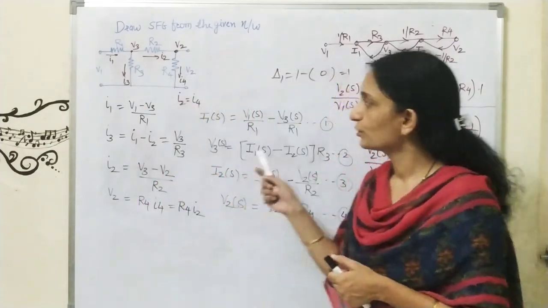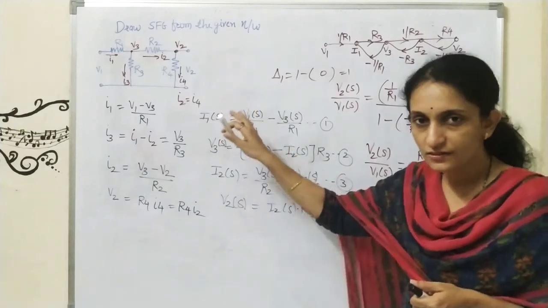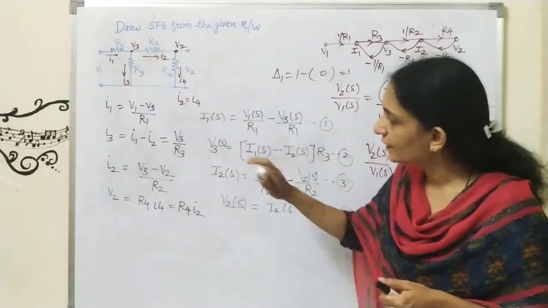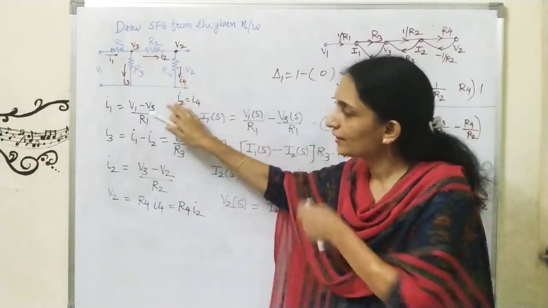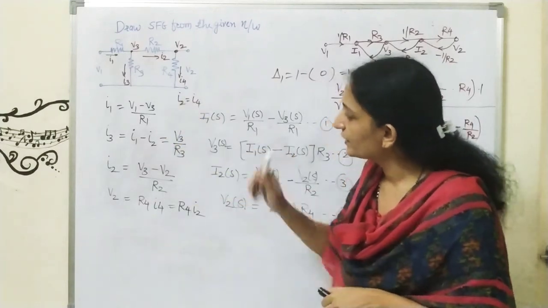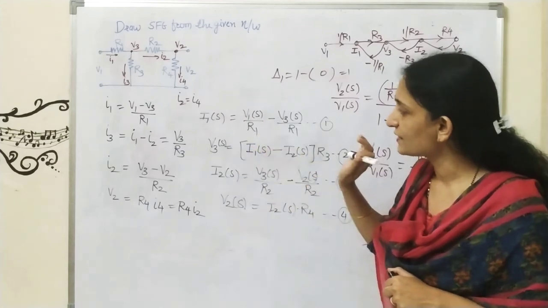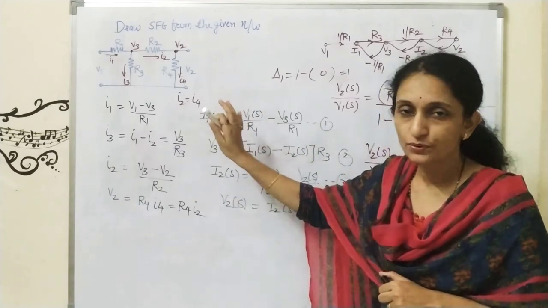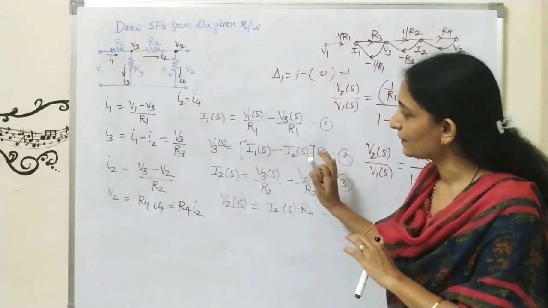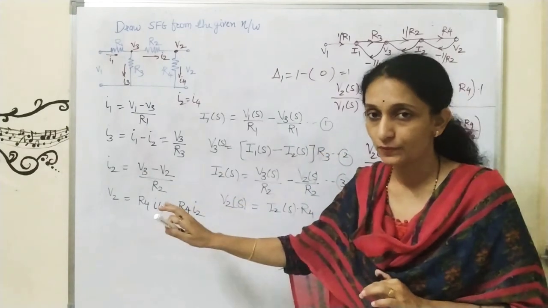So we will summarize this. This is the circuit diagram. What we did, we calculated the equations for the variables, then we took the Laplace transform. As there are no energy storing elements, after taking the Laplace transform, the equations are the same.